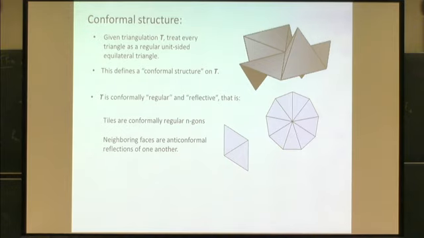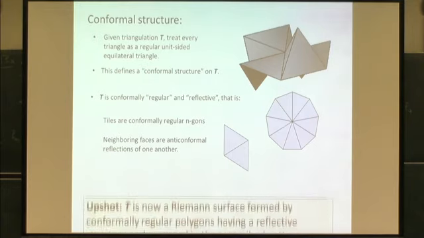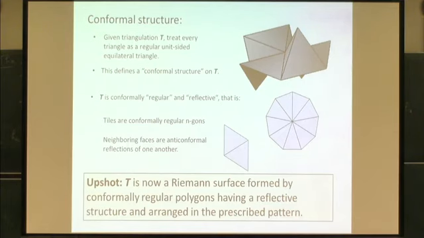And so that reflective structure and the conformal regularity sort of uniquely determines, up to Möbius transformations, the conformal structure, up to automorphisms. So we get a Riemann surface now with a conformally regular set of polygons, the reflective structure, and the correct pattern of tiles.